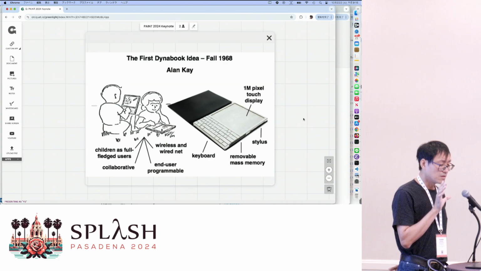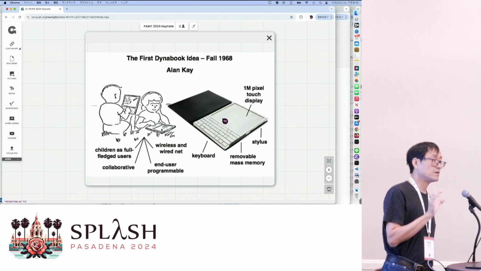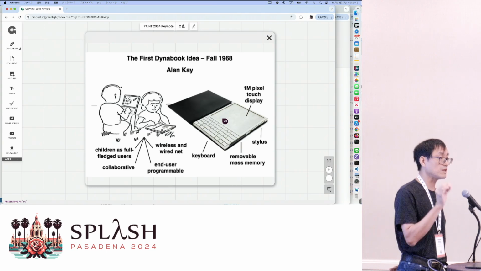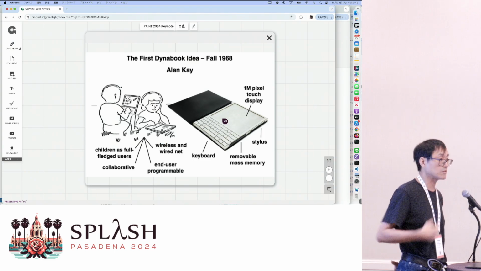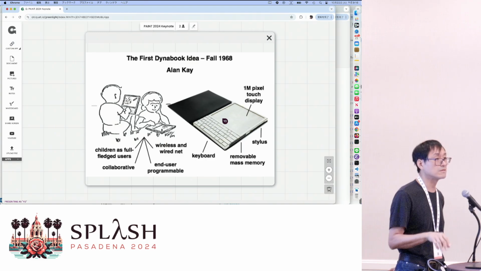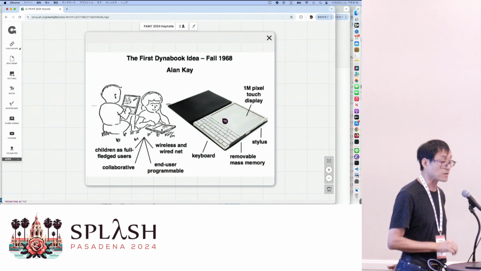And he made a mock-up like this. But many people often don't understand his bigger idea. Many people thought that Alan was talking about hardware, and that's it. Sometimes people said that when the iPad came out, the iPad fulfilled Alan Kay's vision, the Dynabook, but it wasn't.